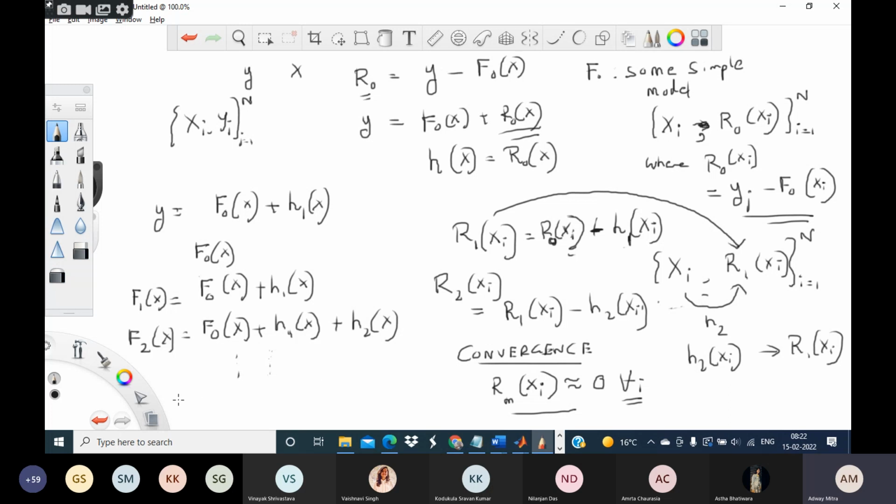Alternatively, we can have a fixed maximum number of iterations, let's call it capital M. So I can say capital Mx is equal to h1x plus h2x plus all the way up to h m minus 1 x.